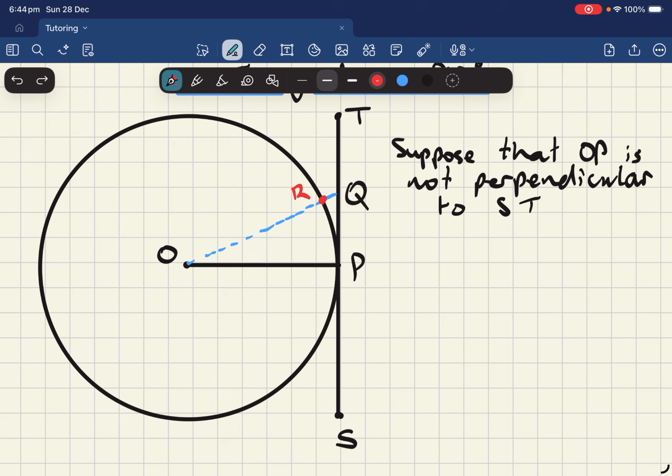So we're going to take this point Q on our line, and this passes through point R, which I've drawn in, which lies on the circumference of our circle.